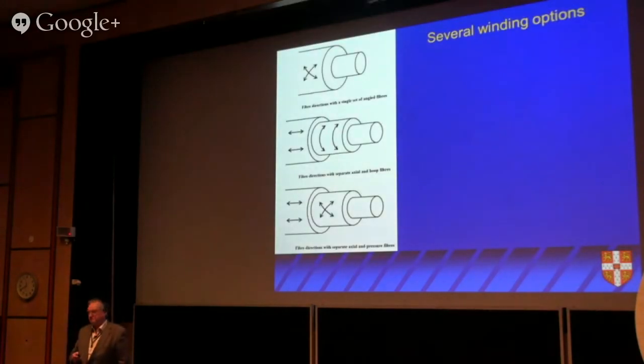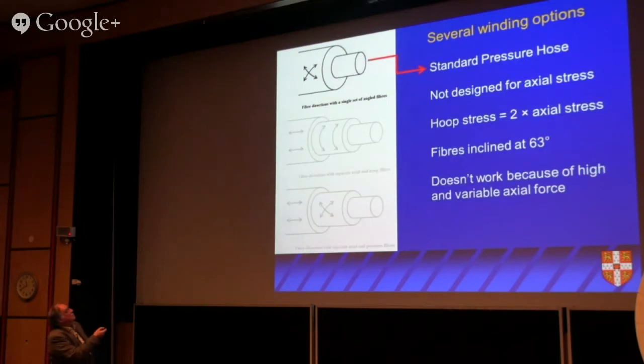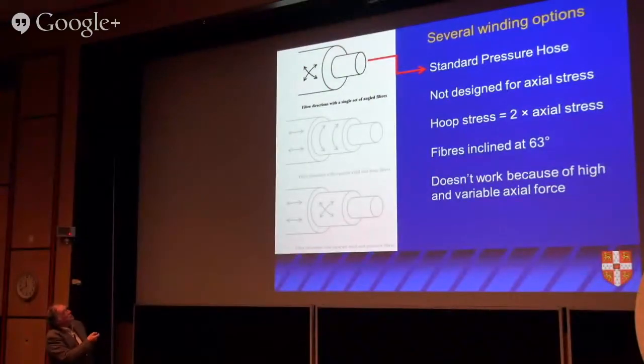How will we make the tether? There are various things you can do. You've got to resist some bursting, you've got to resist some axial force, so you're going to need several sets of fibres knocking around in there. The reason it's not like a garden hose is that this one is what a garden hose looks like. You have fibres crossing at 63 degrees because that balances the forces.